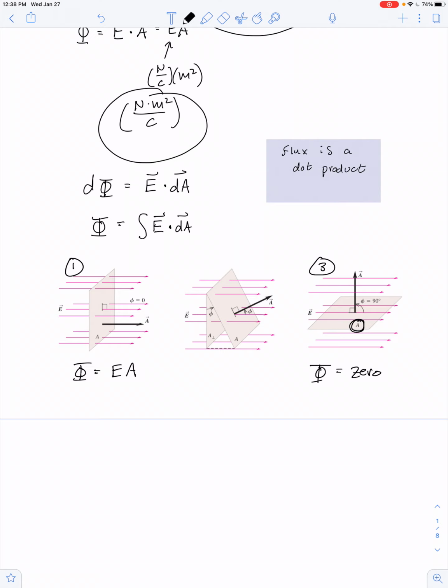There's a non-zero area and a non-zero electric field strength, but the angle between those vectors is 90 degrees. So when we say flux is a dot product, we can calculate the flux by taking the magnitude of the field times the total amount of area times the cosine of the angle between those two vectors. That's exactly how we would calculate it in case number 2.